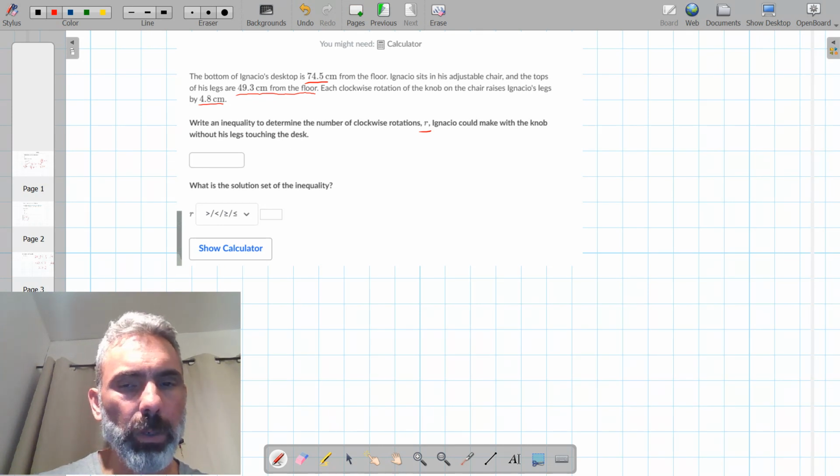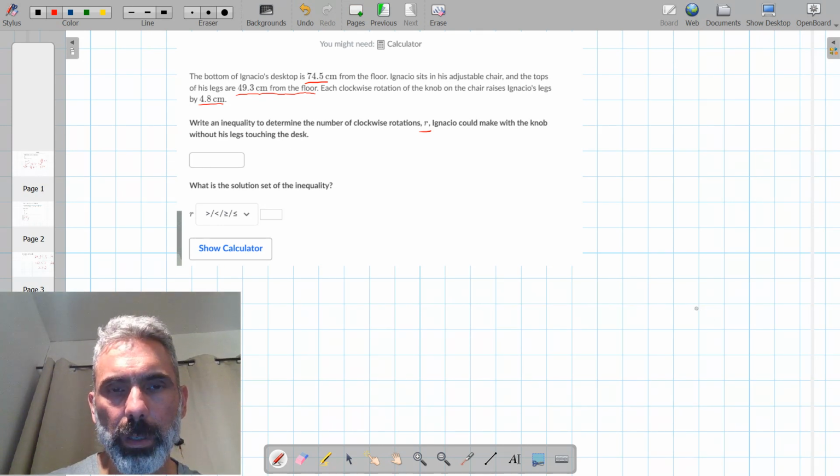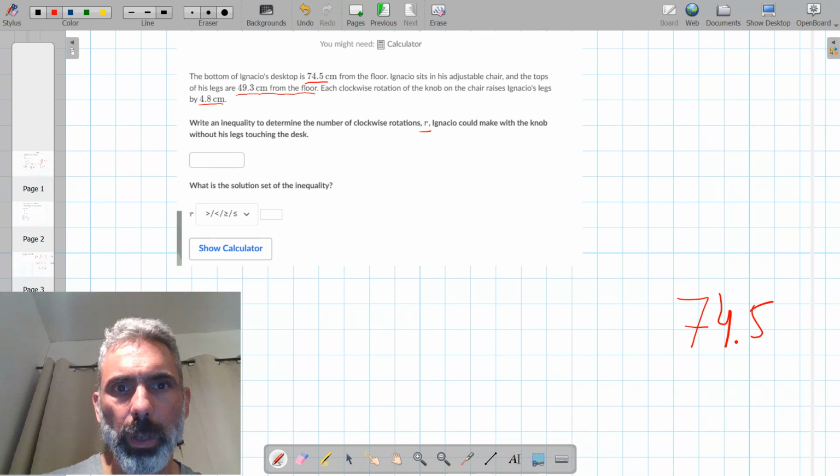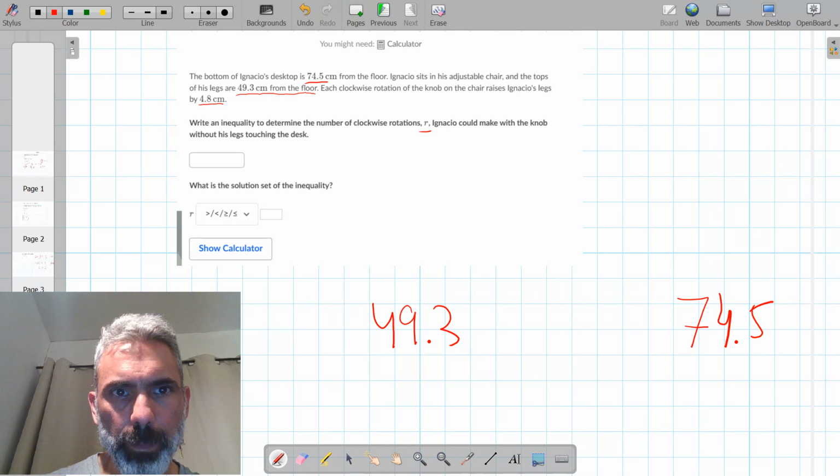Okay, so on the one side of the inequality I have 74.5 centimeters, which is the height of the desktop. Now Ignacio's legs are 49.3 centimeters from the floor.